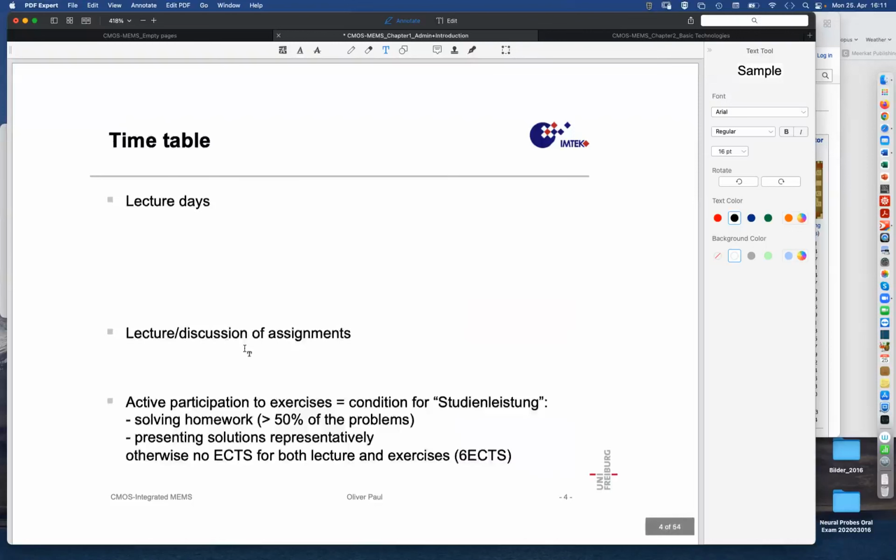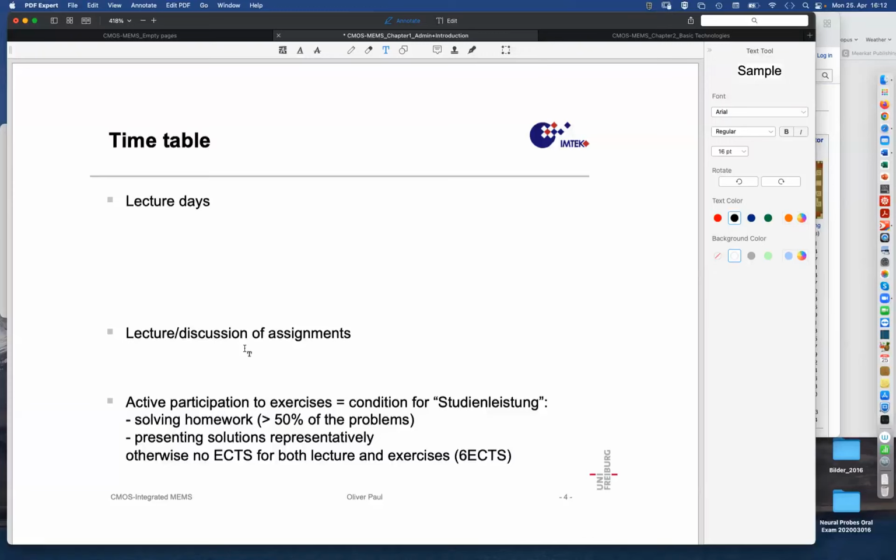So what about lecturing? HISinOne says that we have exercises today, and then tomorrow afternoon from 2 to 4 we have lecture, but that's not how I plan to do it. I have this 4-hour slot, or I should rather say 2 times 1.5 hour slot. I usually plan to do a 1.5 hour period. So if we start now at 4, we'll finish at 5:30.